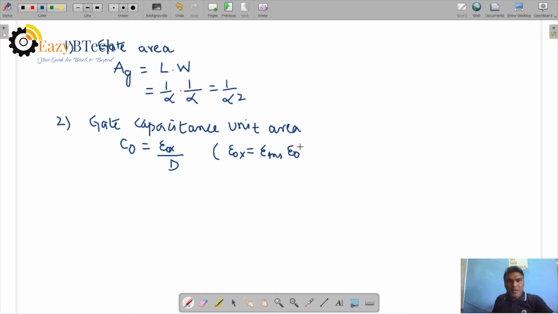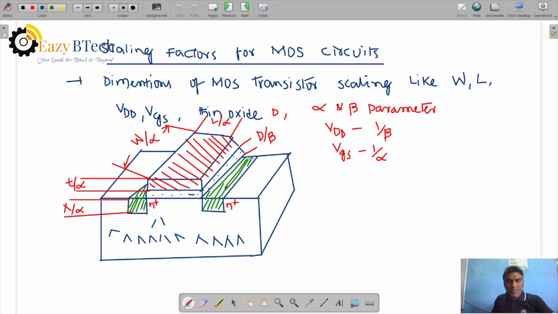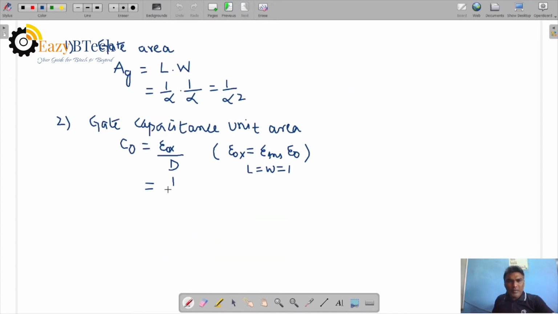And for unit area, where L is equal to W is equal to 1, it is epsilon oxide by D only. So D is the thickness of this SiO2 layer, scaled by 1 by beta. So C naught is scaled by beta.